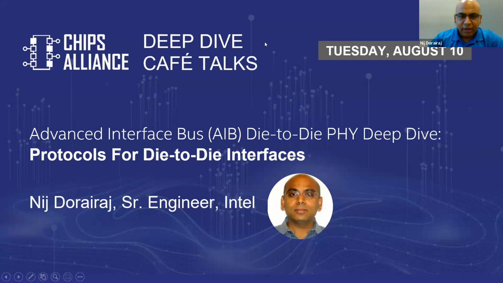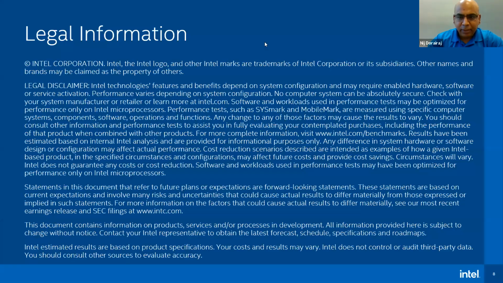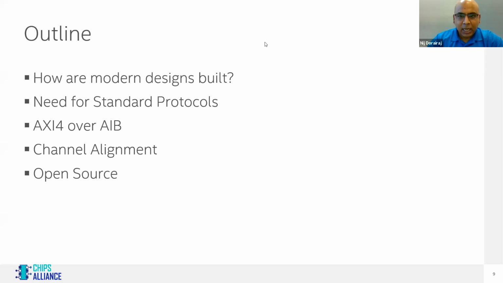Okay, thank you, Dave. So today I'm going to talk about why we need a standard protocol for die-to-die interface. I want to start with an introduction on how current designs are built, and then talk about the need for standard protocols, and then I'll introduce AXI4 on AIB, and then talk about what we're doing in this area.